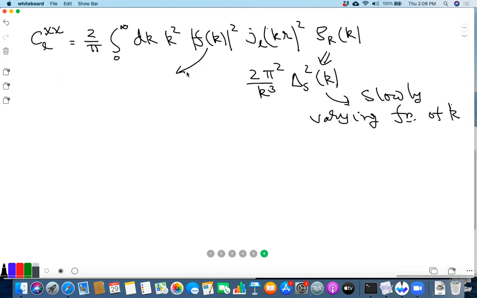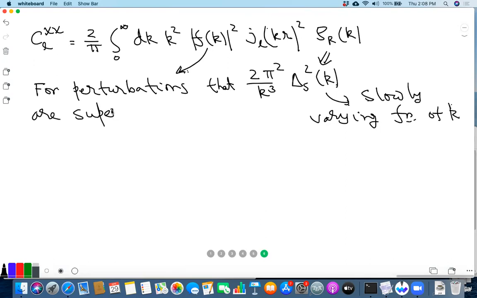This one, for super horizon perturbations, for perturbations that are super horizon at the time of last scattering, should be slowly varying.